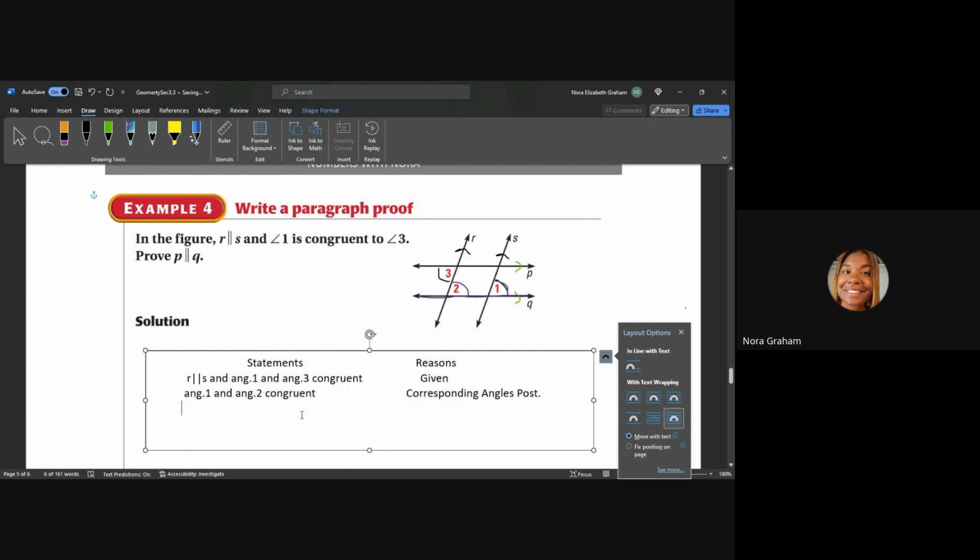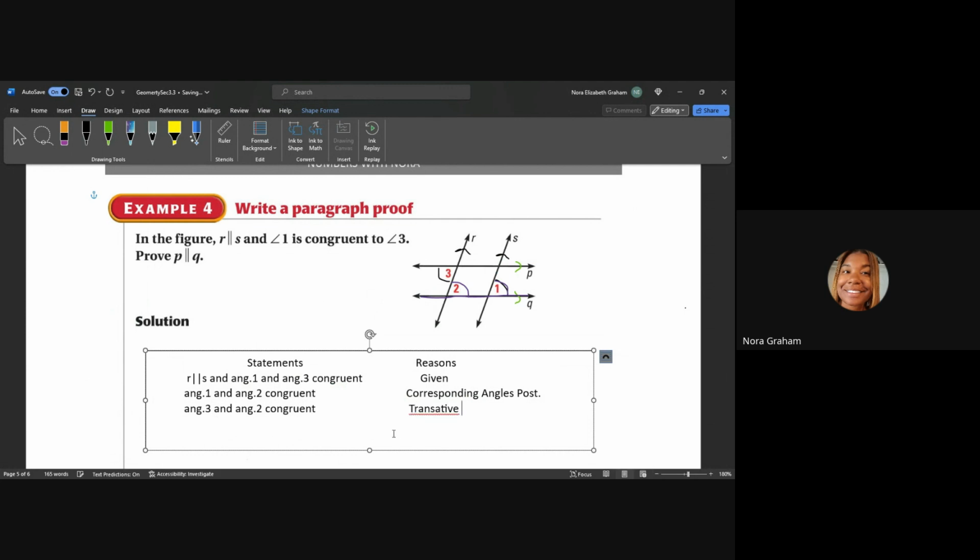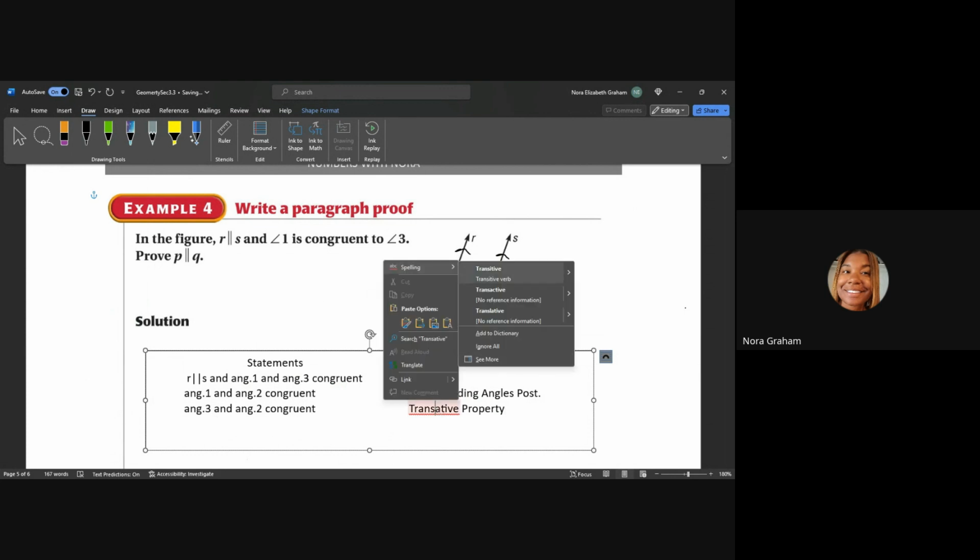So I can say angle 3 and angle 2 are congruent, and this is by the transitive property.